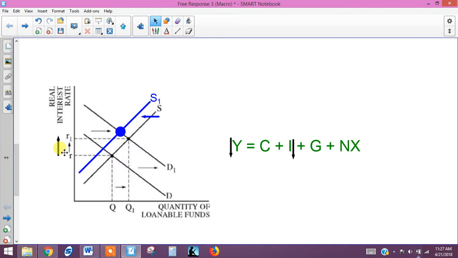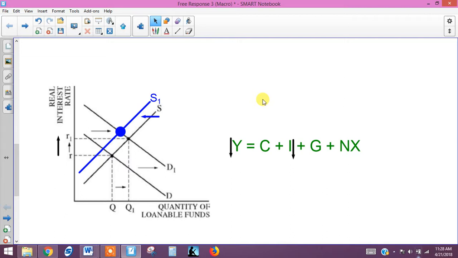Because really, when you get a lot more into this, if you were to take a course in financial management, when a firm is looking at expanding or taking on a new project, they're looking at the expected return of the project versus what they call the cost of capital. Well, this real interest rate right here is the cost of capital.